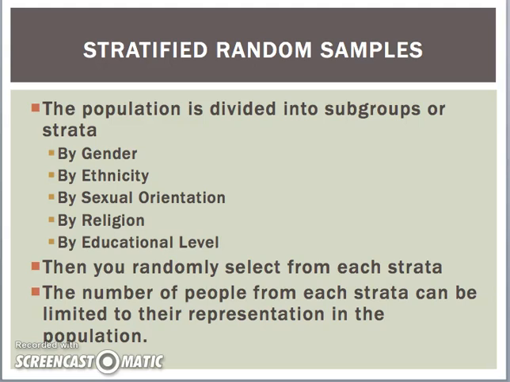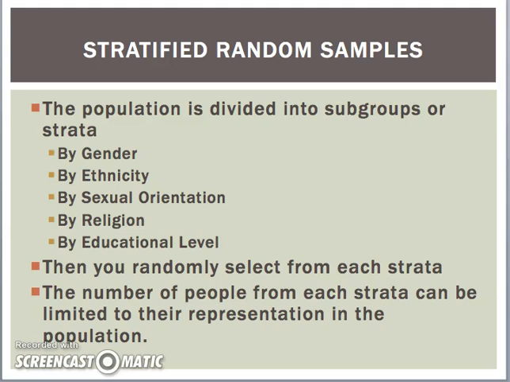A stratified random sample is basically where the population is divided into subgroups, and they call those strata. One level is called a stratum, but all of them together are called strata. And you can divide your population by gender. So you could say we're going to have males and we're going to have females, and then randomly select from those populations so that you have the same proportion of males to females in your sample that you have in the population.